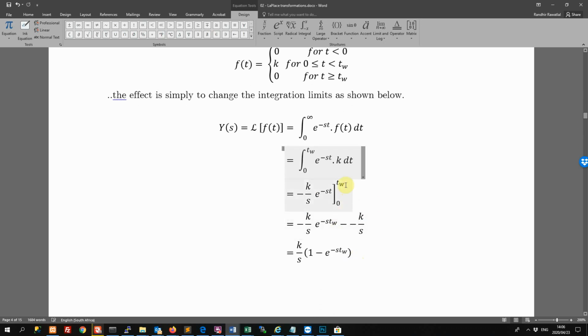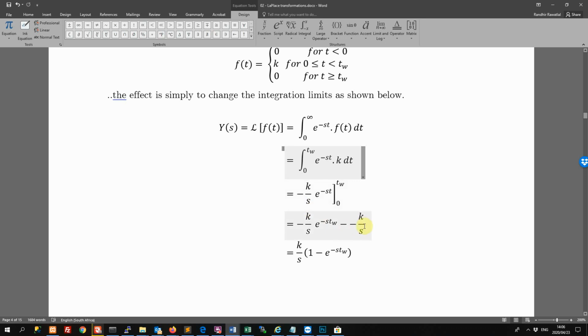So in the upper limit, we have to retain this. It's not like it goes to minus infinity or anything. We have to keep this e to the minus stw. And we retain the coefficient there, k over s. And then at 0, this is a 1, and it's minus k over s.